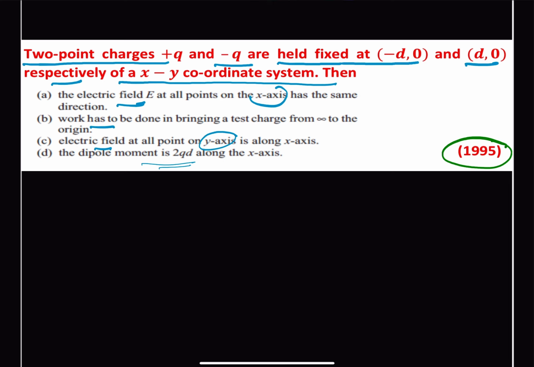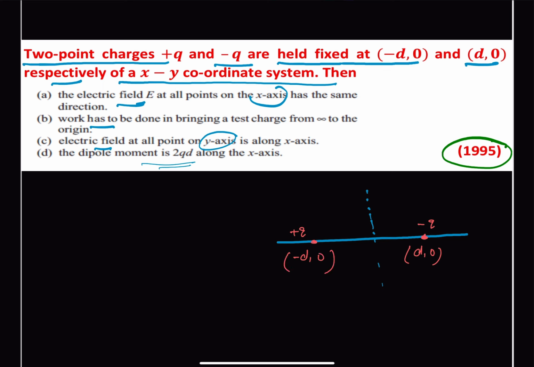So we can just draw the basic approximate figure. We are given 2 points plus q and minus q. So we have minus q at d comma 0, and we are given plus q at minus d comma 0.